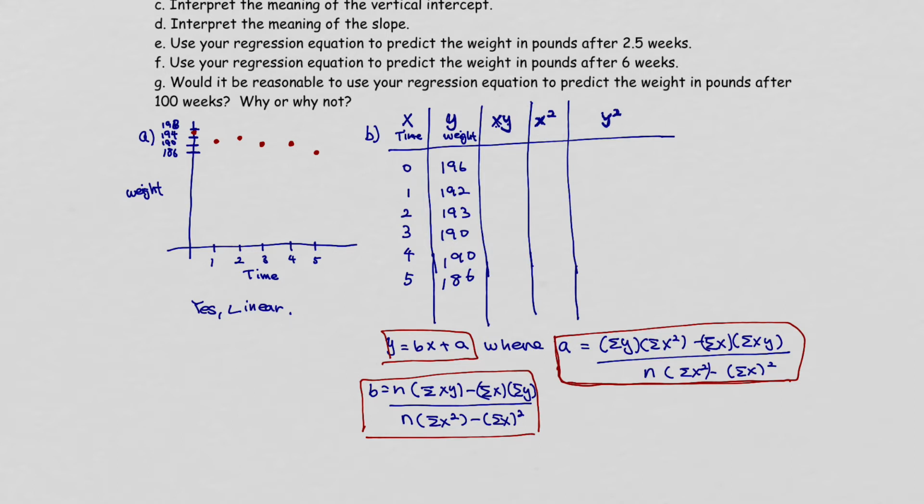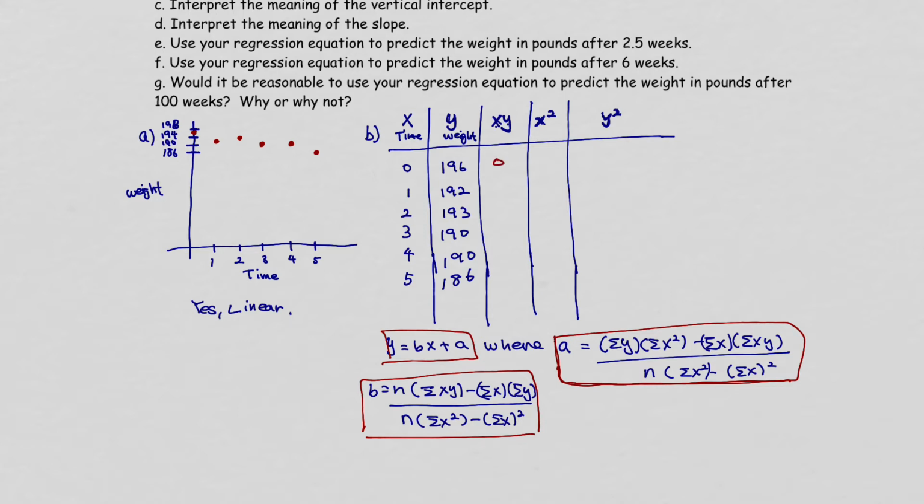Okay. So how are we going to find x times y? Well, you just multiply these two, right? When you multiply that, you're going to get 0. 0 times any number will be 0.